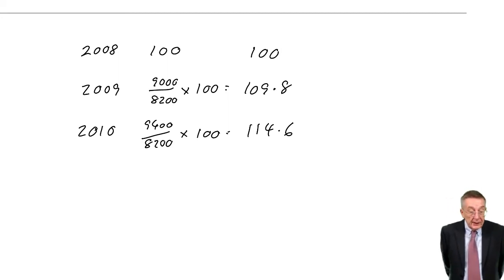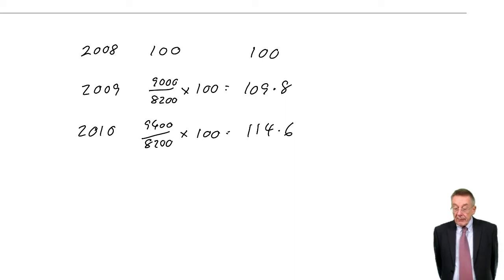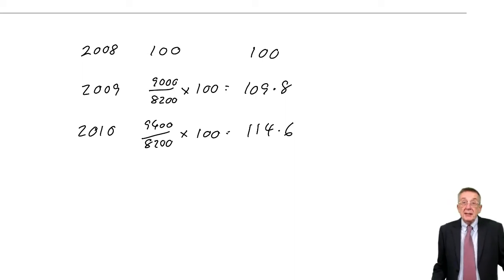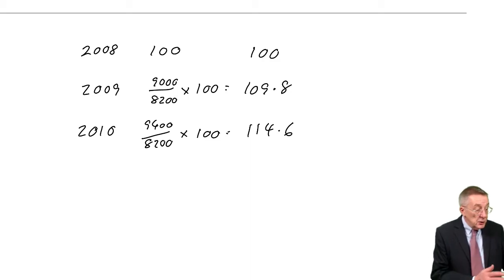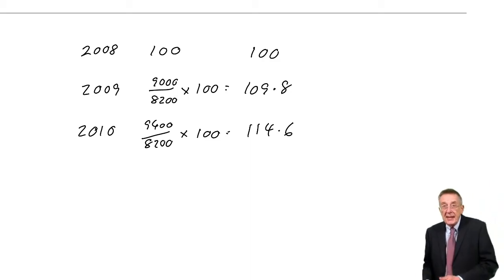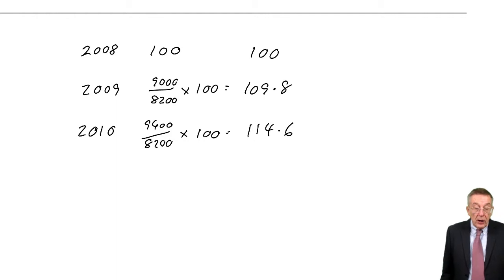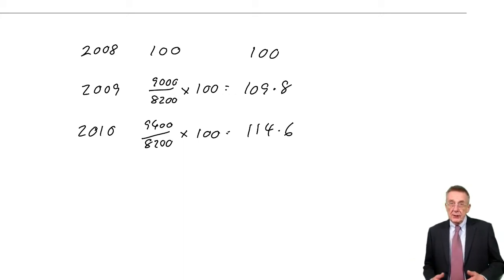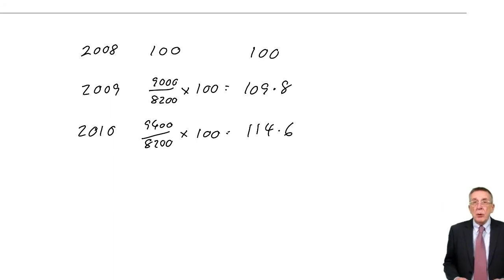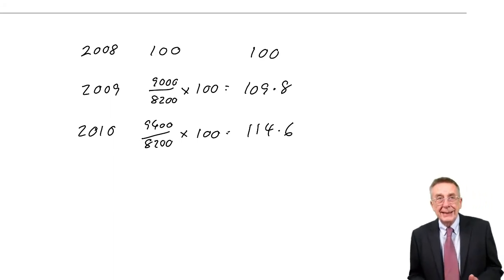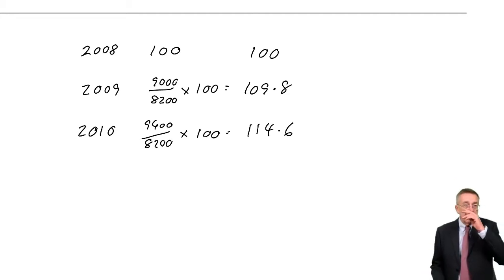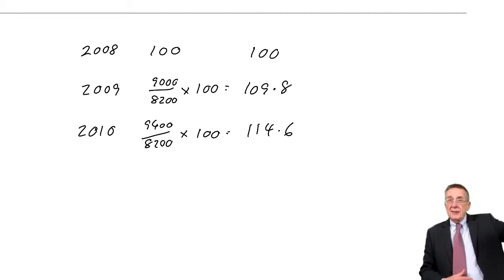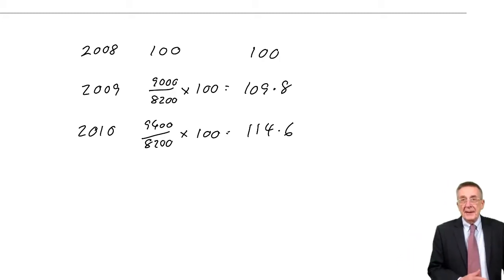However, taking it one bit further, although we can work out index numbers, as we have done, on individual items, the price of coffee or the sales of tea, a very common use in real life is by governments to work out an average rate of inflation. And rather than just look at one item, they take what we call a typical shopping basket. To get the overall effect of inflation, they take a big list of things that the average person buys.